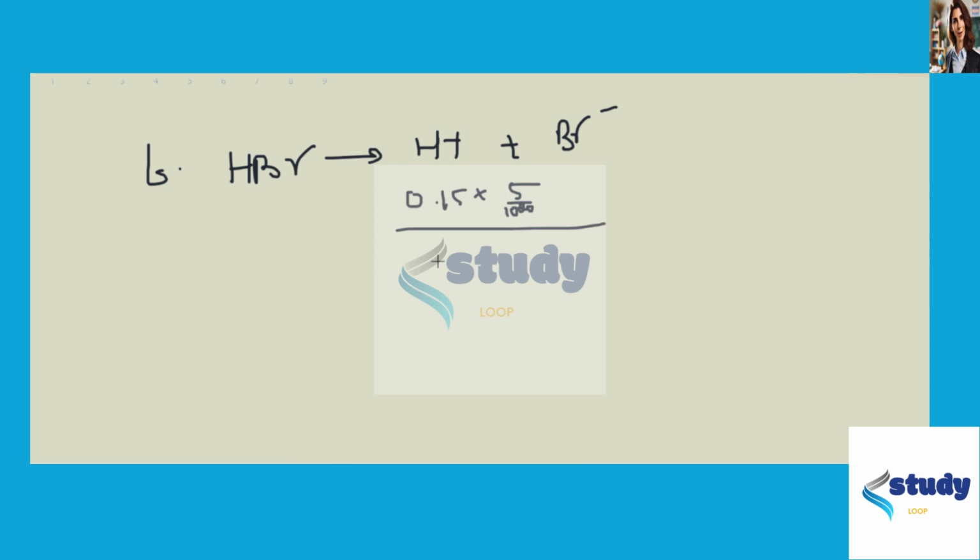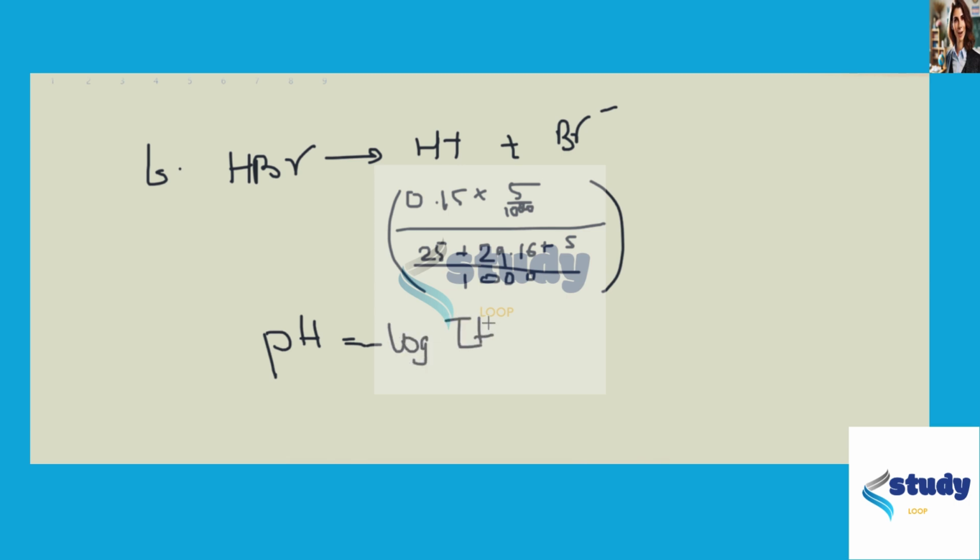thumb rule. The amount of solution is 25 from the original base, 29.16 from the acid that you added, and then 5 from the additional amount of acid that you added beyond the equivalence point. So all of this is going to be plugged in right here.